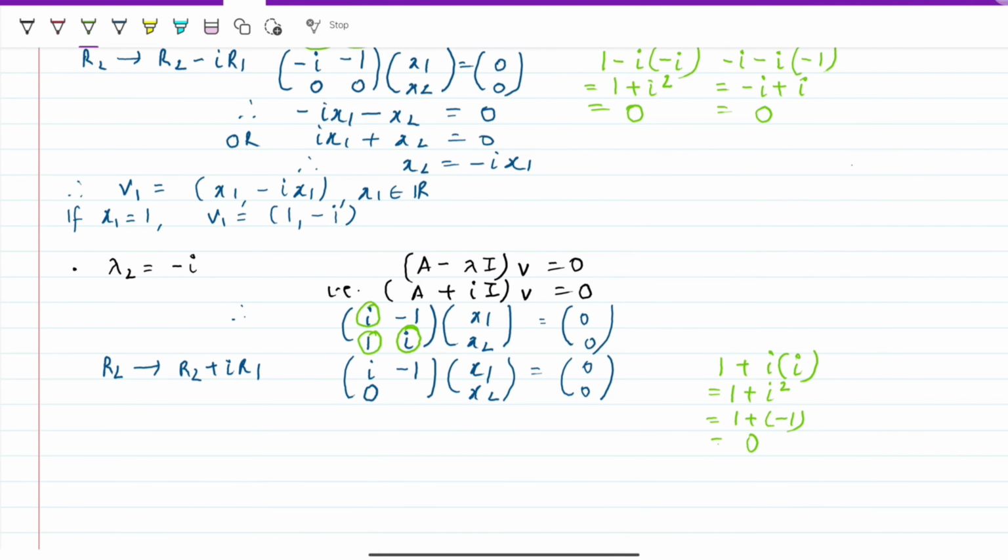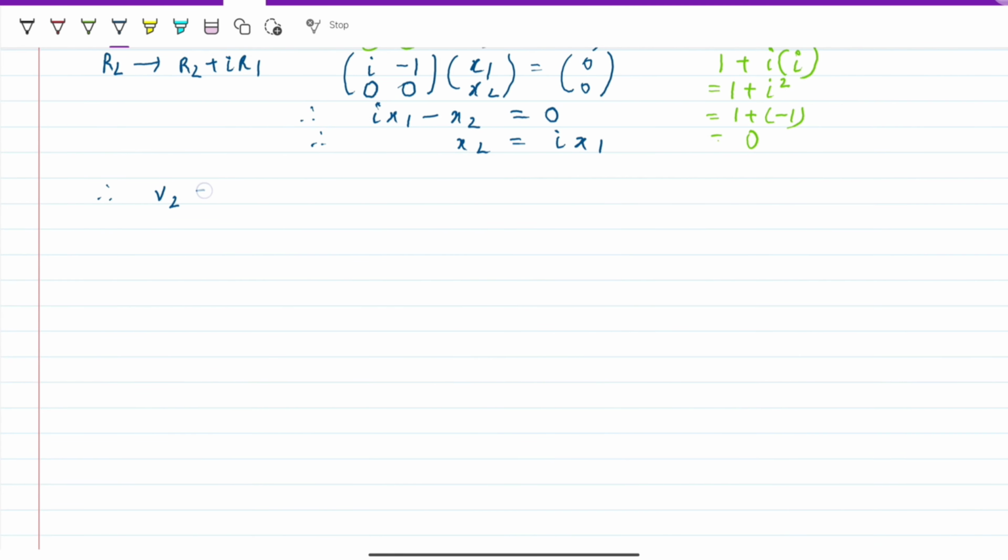So we get i plus i times of R1, which is negative 1. So this is going to be i minus i, and again that is 0. So we here get 0, and simplifying we end up with i times of x1 minus x2 is equal to 0. So therefore we get x2 is equal to i times of x1.